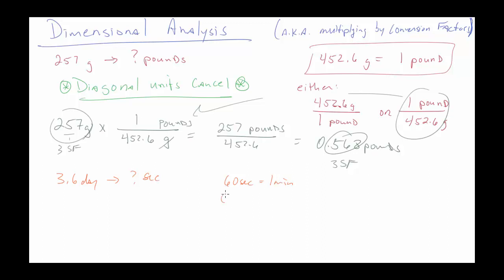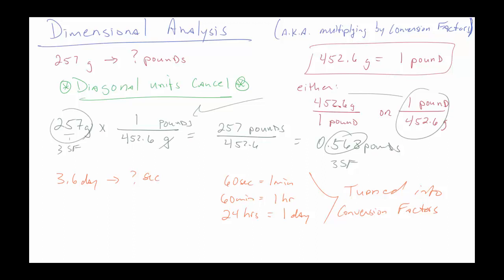I know that 60 minutes is equal to 1 hour, and I know that 24 hours are equal to 1 day. So these are what I know, and these are going to get turned into conversion factors. And remember, either one can go on top or bottom, and I'm not going to write all of those out because I don't really want to write out 6 different conversion factors.